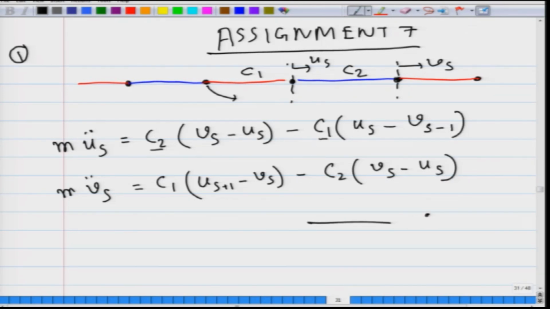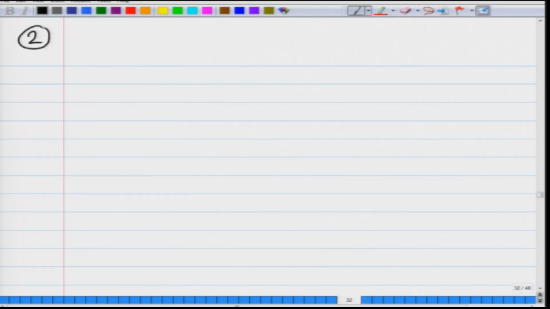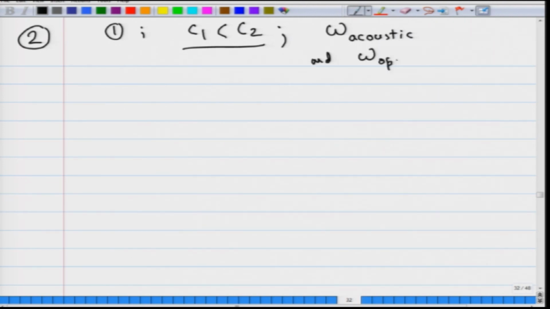This is option C. Moving to the next problem 2. For question 1, if C1 is less than C2, what will be the frequency of the acoustic and optical modes at Ka equals pi? So, first we will answer.